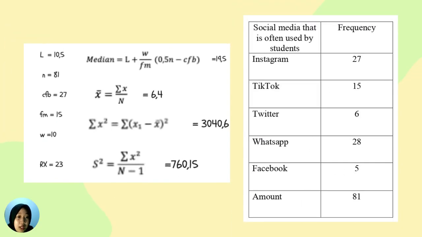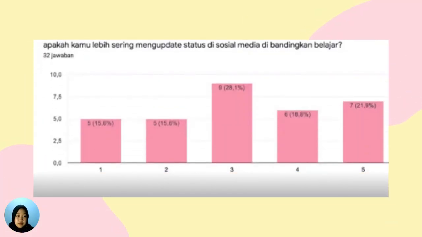Then we get the median is 19.5, x bar is 6.4, and sigma x square is 3040.6, and s square is 760.15. And here we have the second graphic.